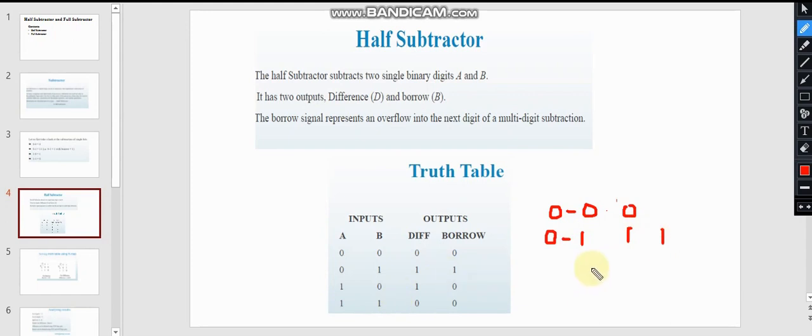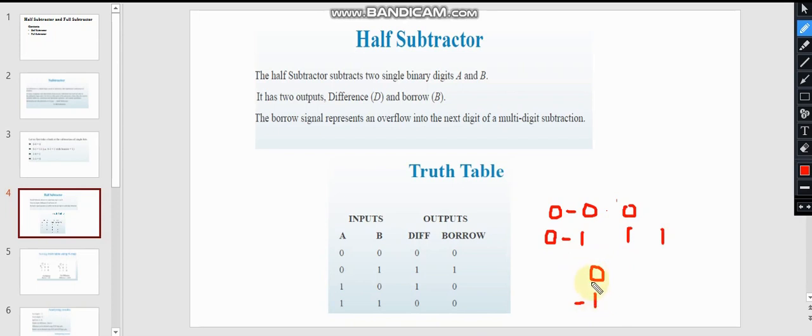So in this way, I will subtract 1 from 0. I will take a borrow from the higher order bit, and its power would be higher than this lower bit.